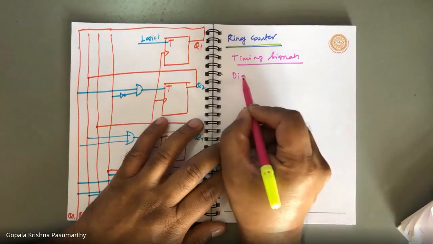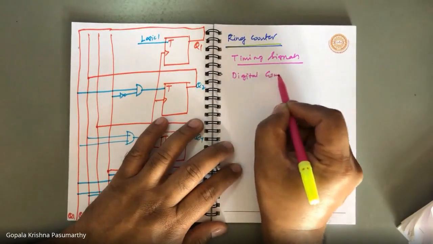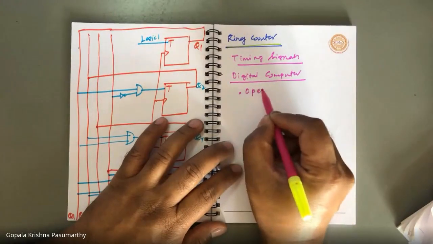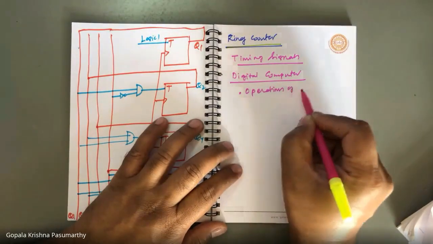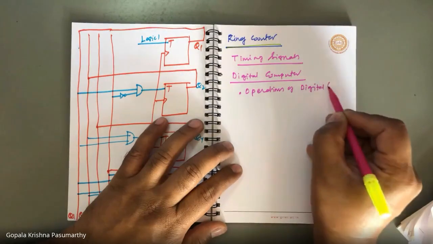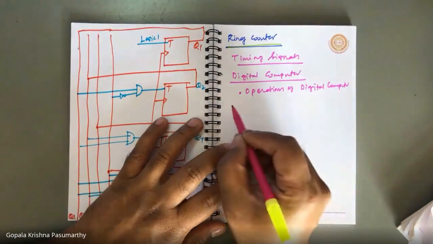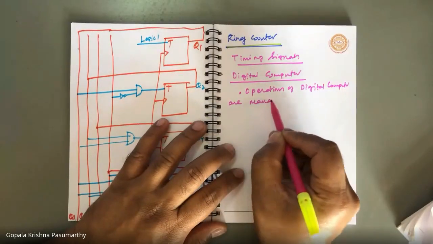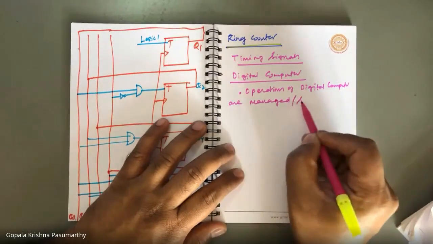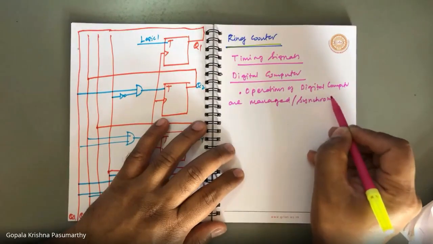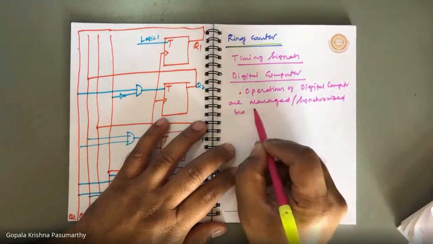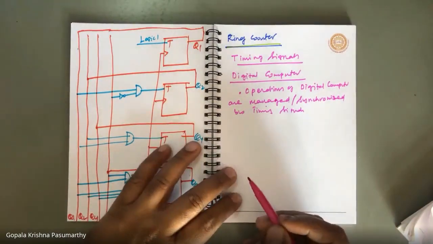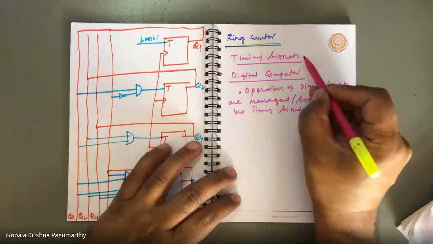In a digital computer, the operations of a digital computer are managed or synchronized by timing signals. So there is a concept of timing signal.